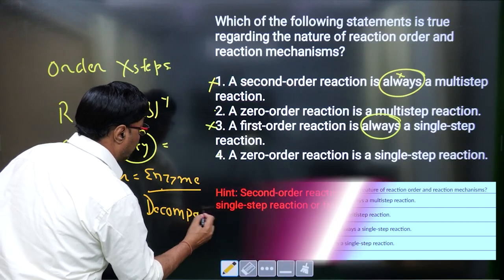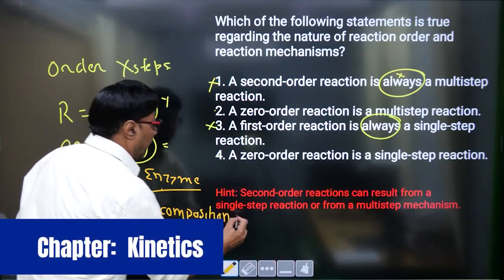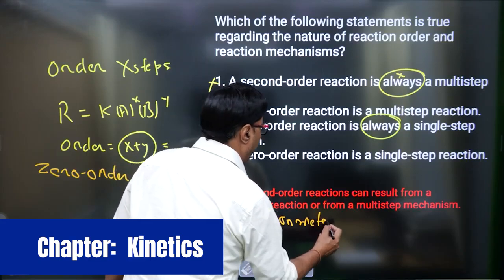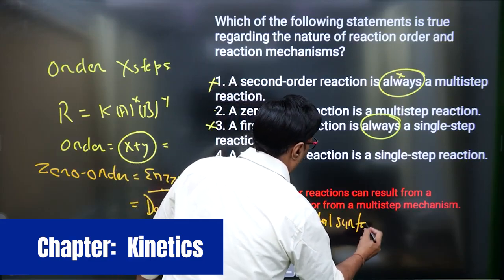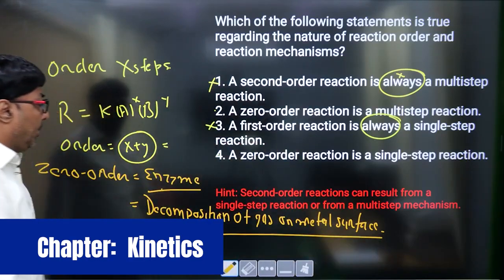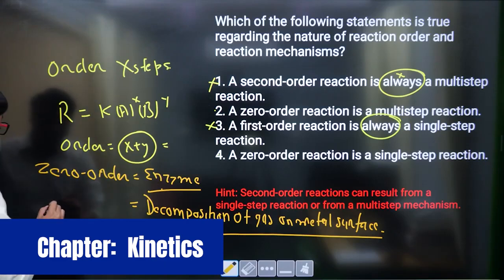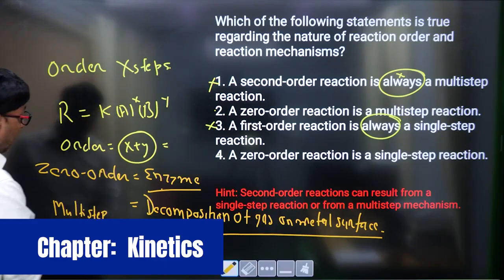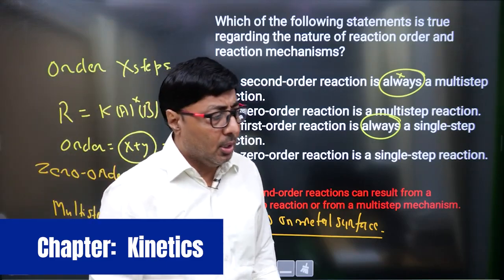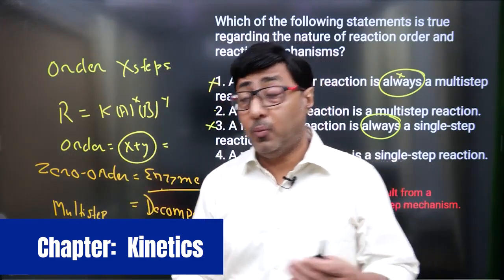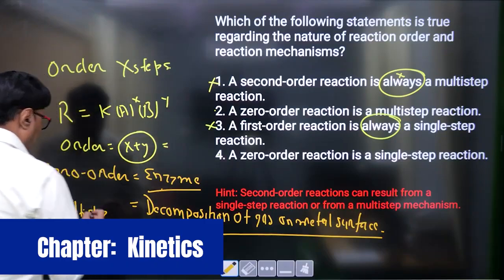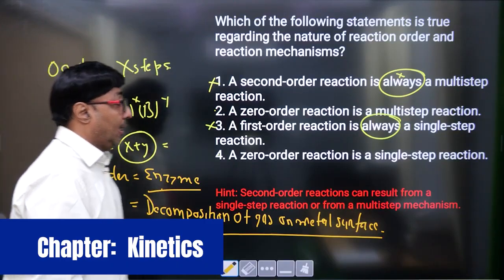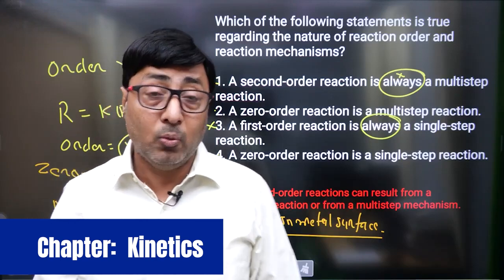The majority of them are multi-step reactions because they form a reaction intermediate which keeps on decomposing until a final and stable product has been formed.